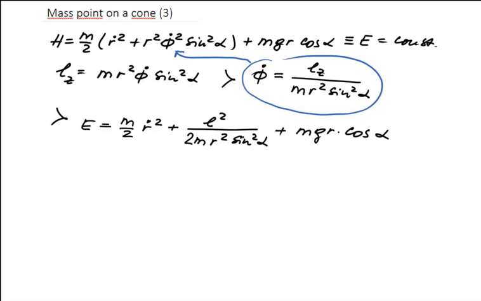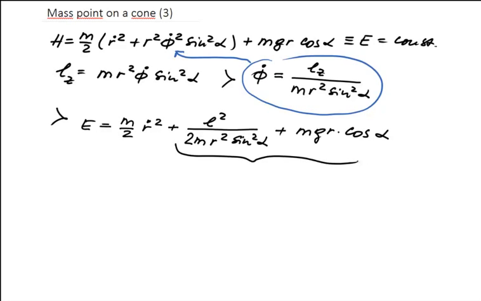So here we have an expression now for the total energy in which we have eliminated the phi dot, and it depends only on the radial coordinate, on r and r dot. The first term depends on r dot, and the last two terms only depend on r.